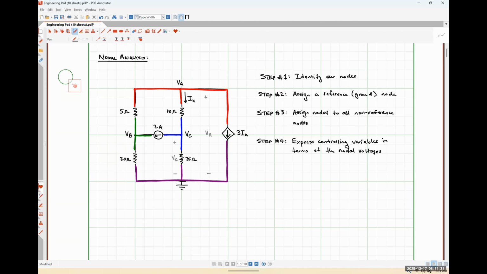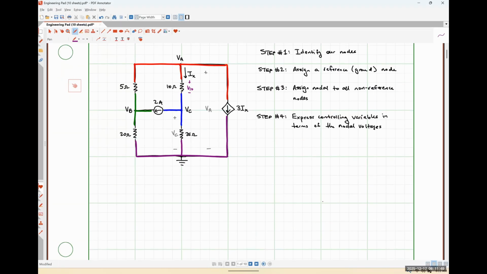And I'm going to call this voltage across the 10 ohm resistor V10, like so.